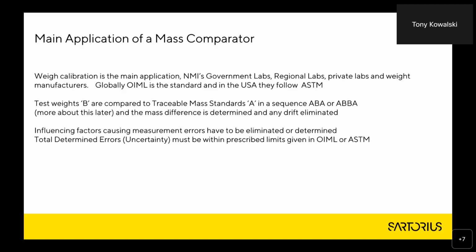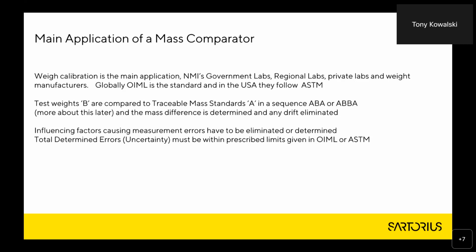We don't obviously want our mass comparator next to the window because of the influence of sun shining through. And at the end of the whole process, we have to find the total determined errors.